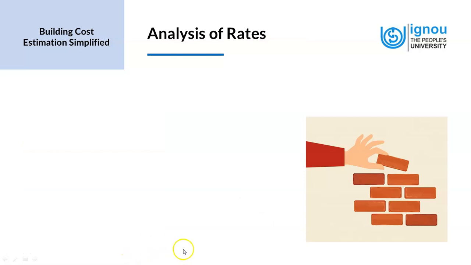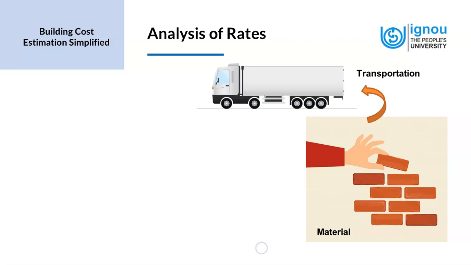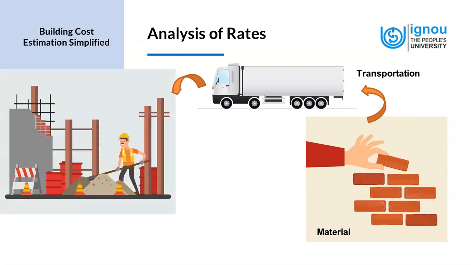So if we are looking at the analysis of rates, we will look at the material that is being sourced from a particular place. Then we consider the transportation charges for bringing the material from the production source to the site. And then after we bring the product to the site, we look at the charges for labor.